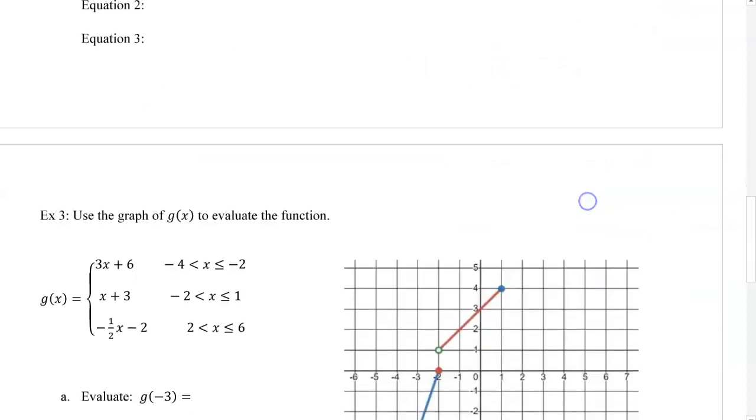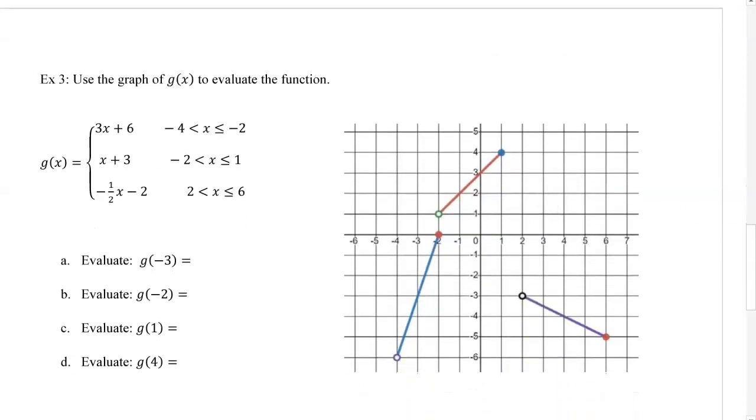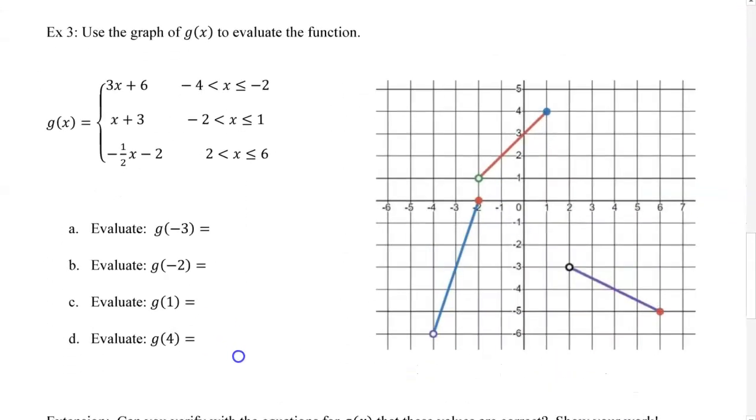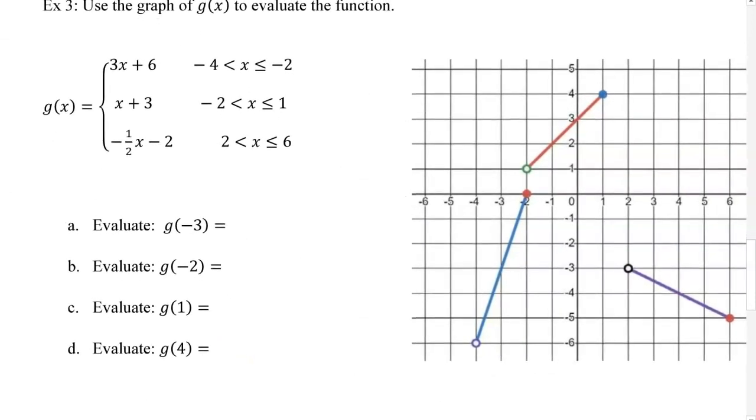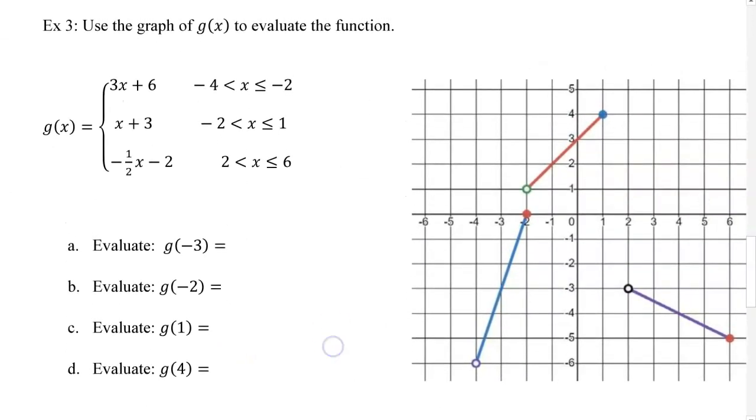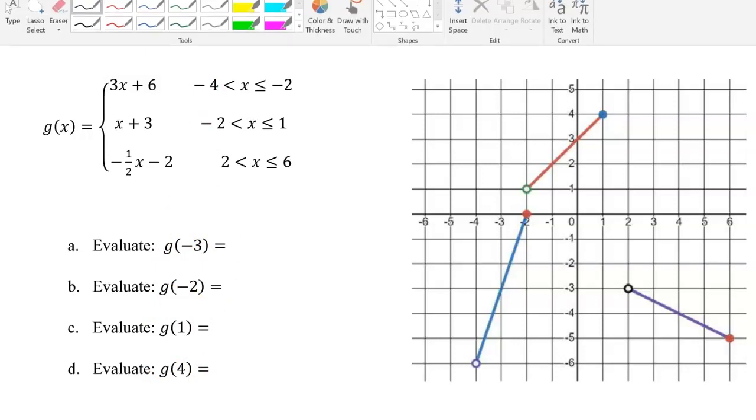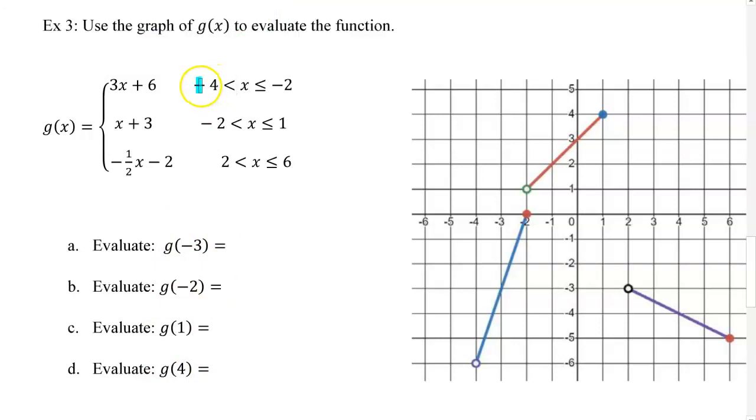We also want to practice evaluating using the equation itself. So we're going to verify the solution with the graph, but I'm going to show you how to evaluate just based on the domains here. If you're looking, this blue equation is drawn on the graph for all values between -4 and -2.